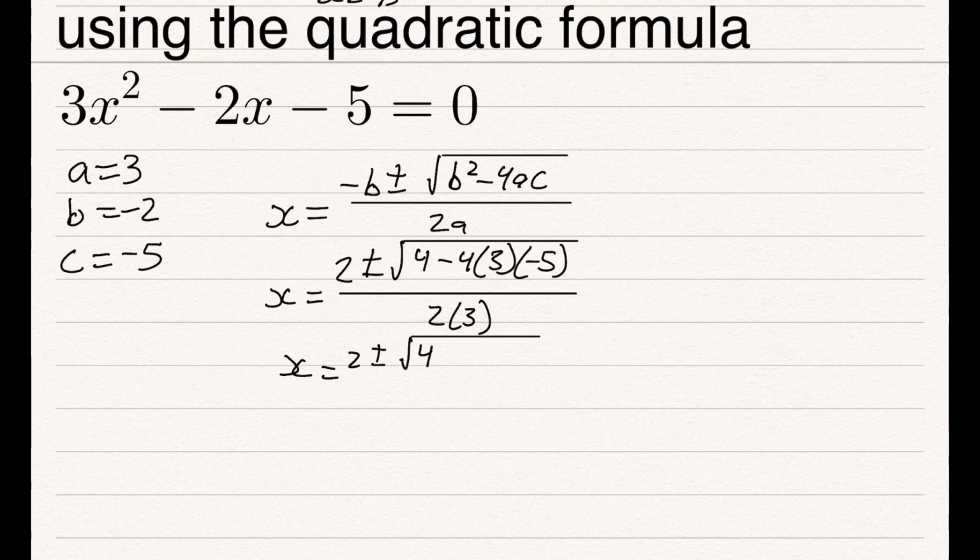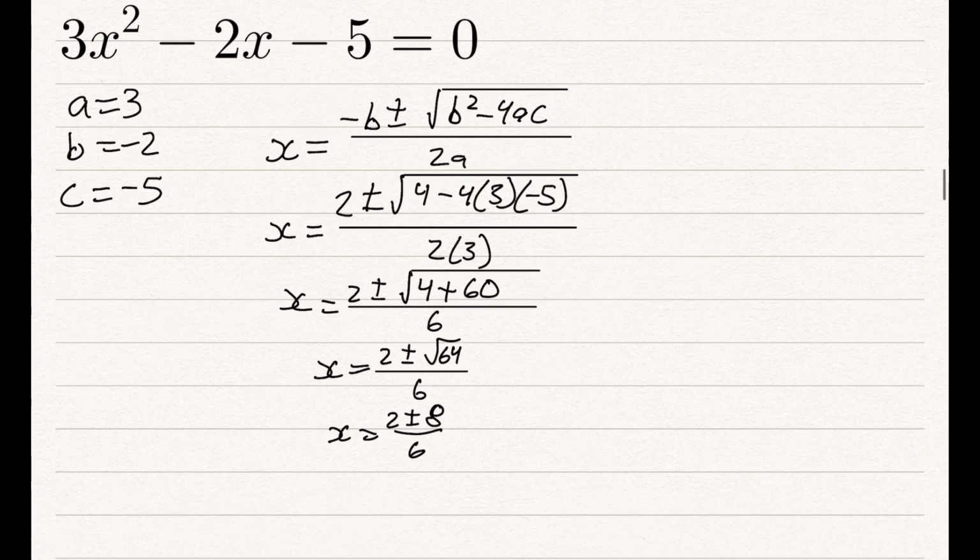4. Negative 4 times a negative 5 gives positive 20. 20 times 3 is 60. All over 6. 2 times 3. We simplify that out a little. We get 2 plus or minus the square root of 64 all over 6, which is just 2 plus or minus 8 over 6. At this point, we have to split it into two separate problems.